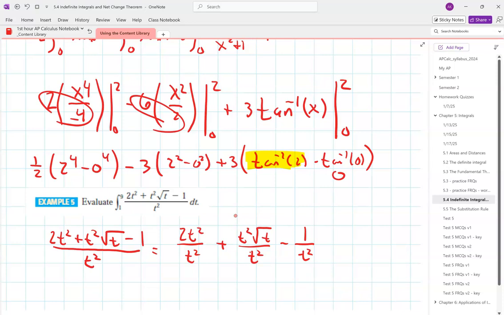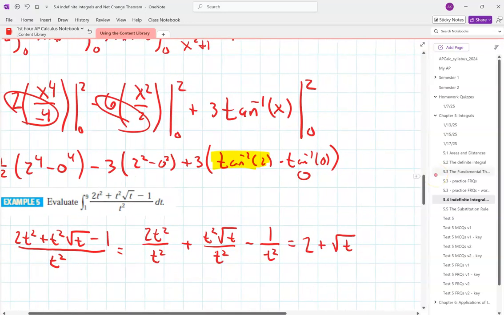Everybody okay with that? Now I can reduce each one of these 3 fractions. And that is now something that I can integrate, right?